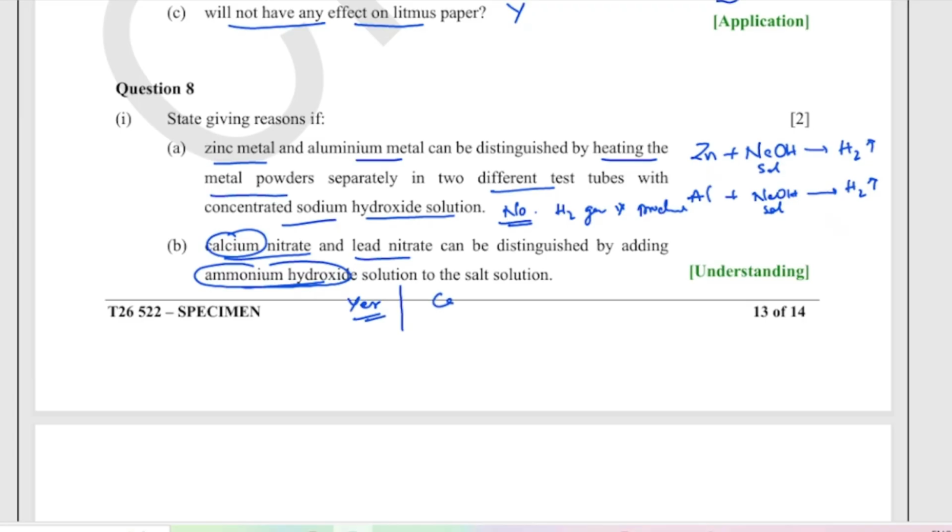Because calcium salt plus ammonium hydroxide gives no precipitate, whereas when you take lead salt with ammonium hydroxide, it gives chalky white precipitate. So there is a difference in the observation in the products, so we can distinguish calcium salt and lead salt using ammonium hydroxide.